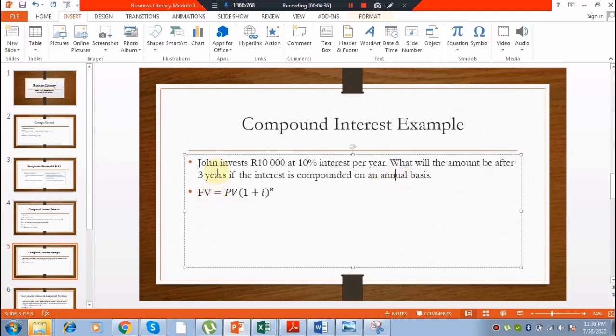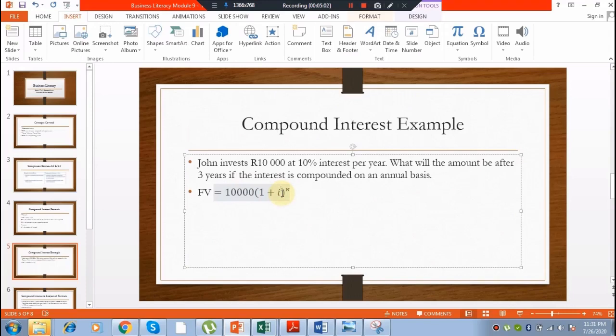So we are being asked to calculate the future value, basically: what will the amount be after 3 years if the interest is compounded on an annual basis. How much is he investing today? He is investing 10,000. And his interest is 10%.